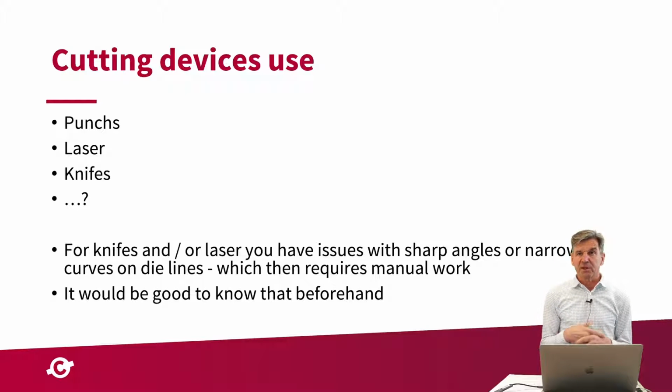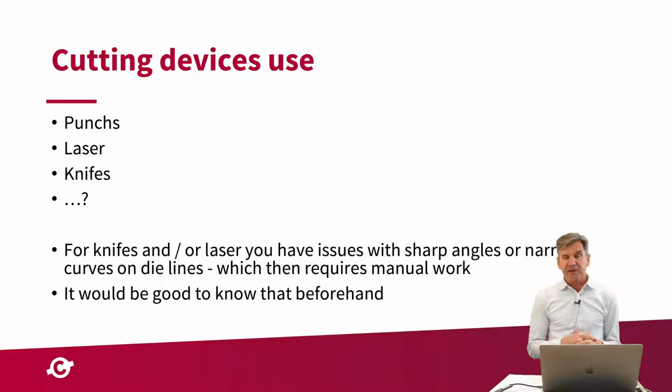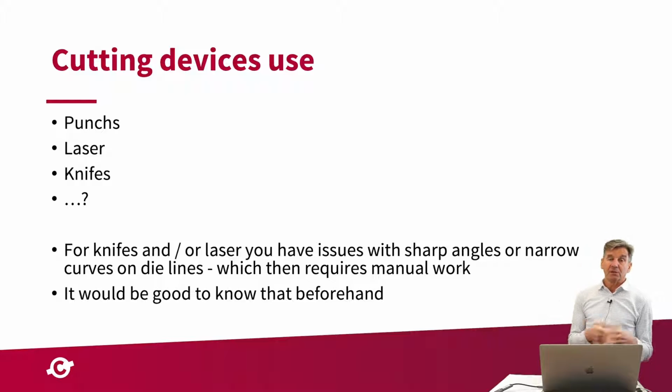You use punches for packaging. Sometimes lasers are used, knives are used. Depending on the device that you have, you may have limitations in your machine. For instance, for knives or a laser, you may have issues with very sharp angles or very narrow curves because the device can't deal with it.